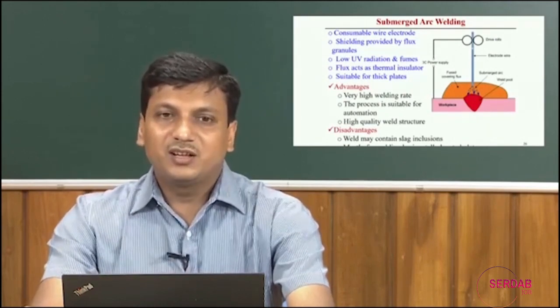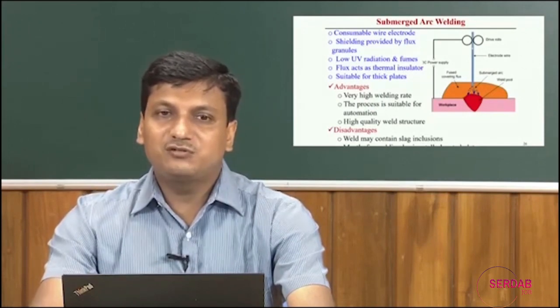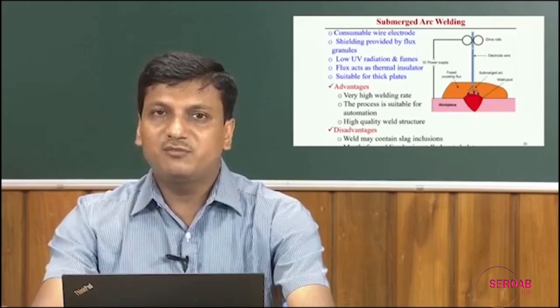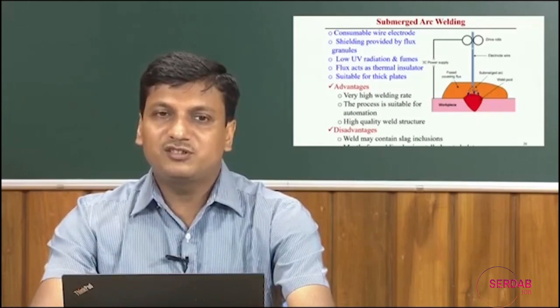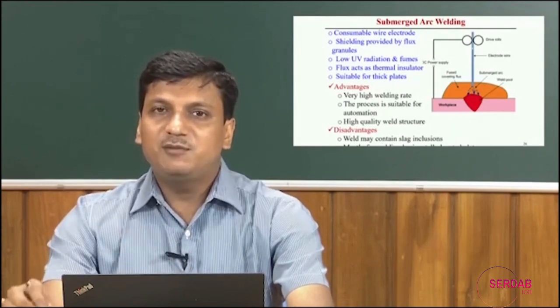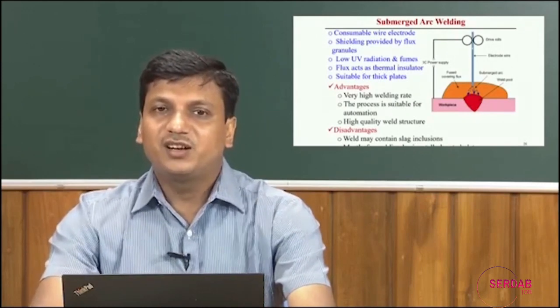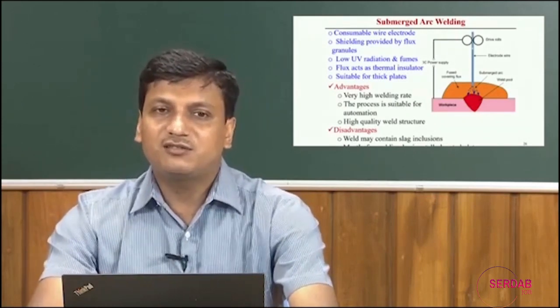This process is suitable for automation, or it can be converted to an automatic system, and a high quality weld structure can be produced. The main advantage is that the efficiency of this process is very high as compared to gas metal arc welding or shielded metal arc welding processes.